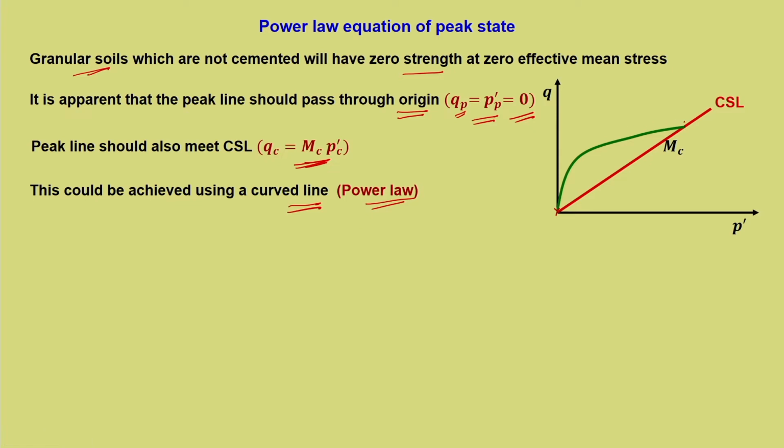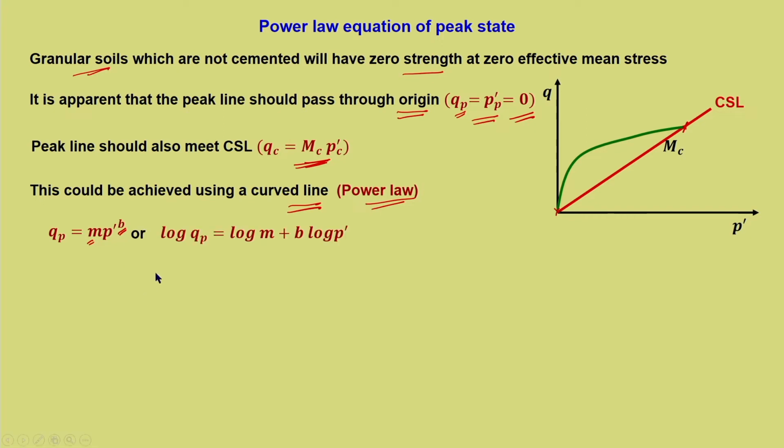If we represent the peak state points using a curve like this, which is a power curve, then this will satisfy that it goes through the origin and it meets the critical state line. So, both the points are actually met, and that can be represented as qp equal to m times p' to the power b, where m and b are the power equation parameters.